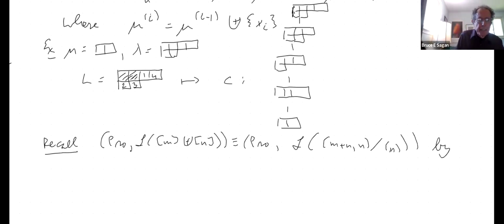And remember, the bijection was as follows. We have my M element chain here, and I have my N element chain here.